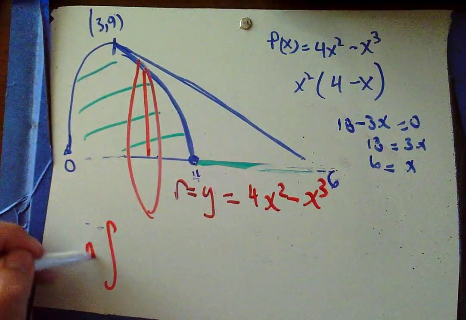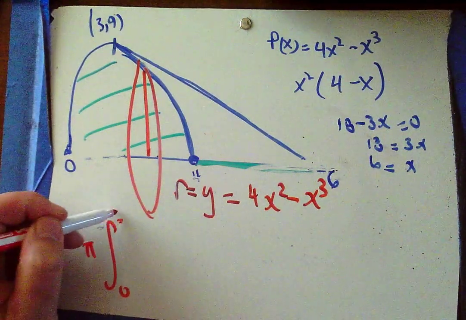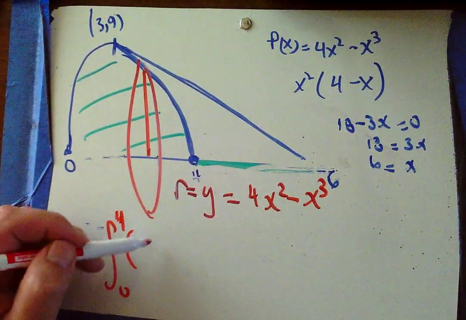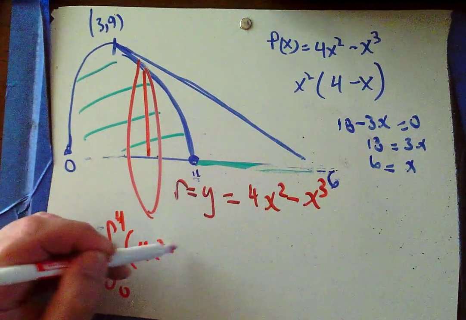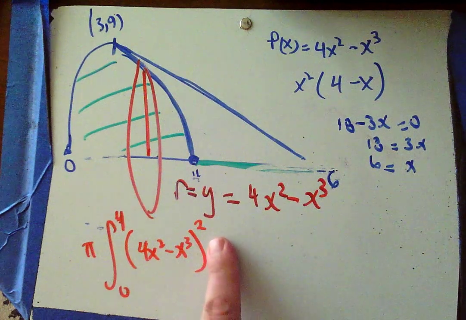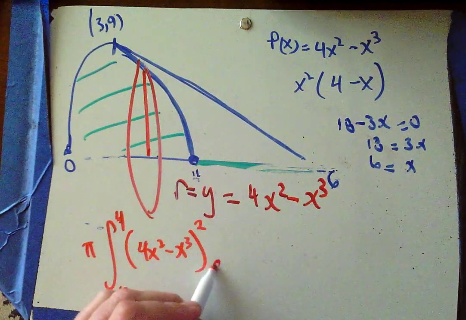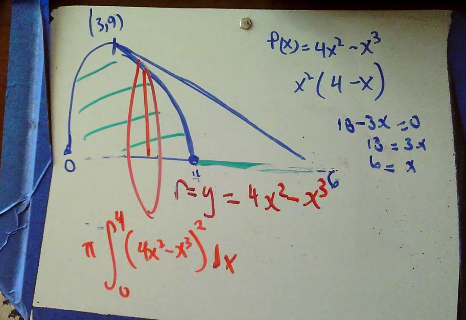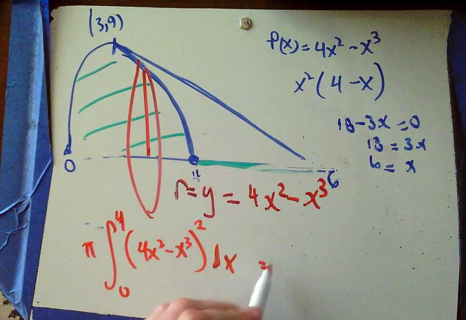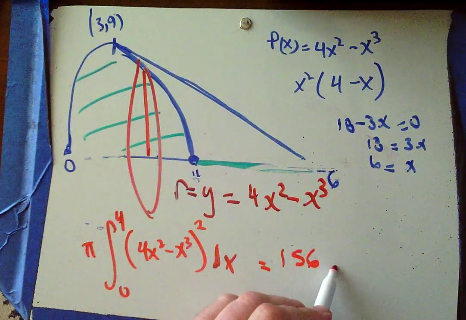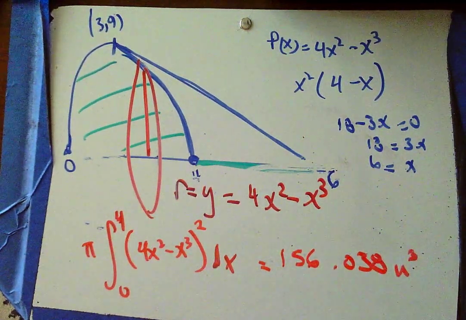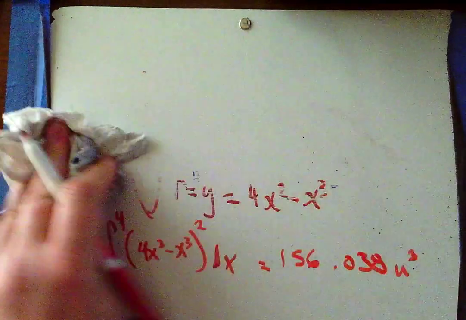And so I'm going to integrate from 0 to 4, don't forget that pi, radius x squared minus x to the third squared. Many students forget this squared, please don't. And when you do that on your calculator, you should end up with 156.038 units cubed. All right, there's problem number 1.